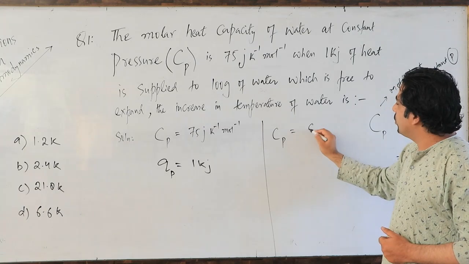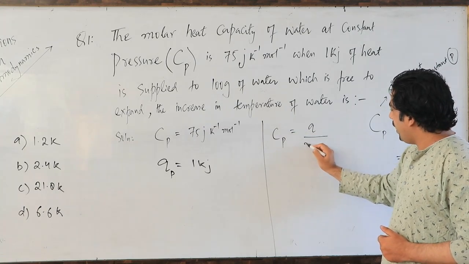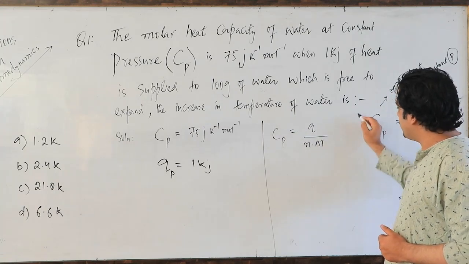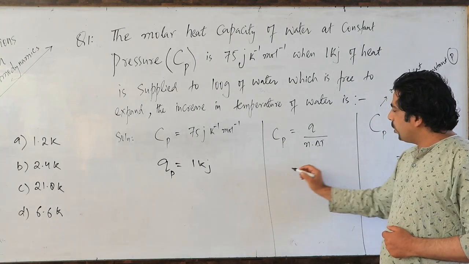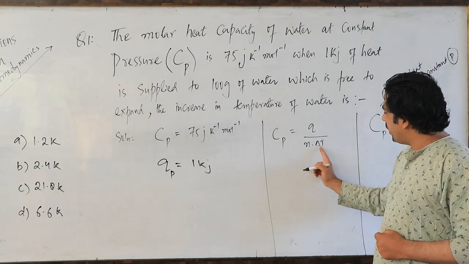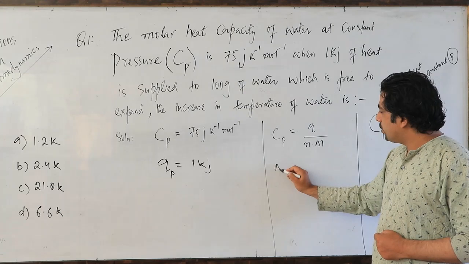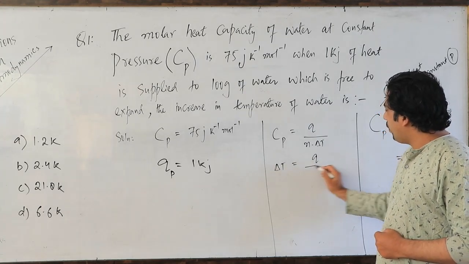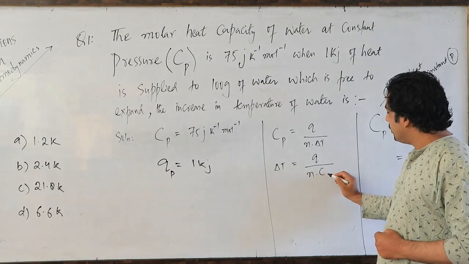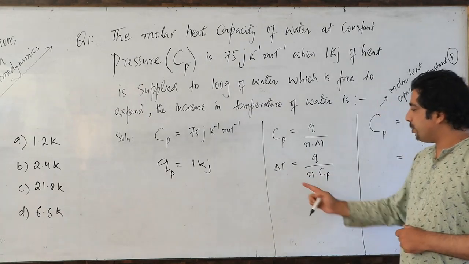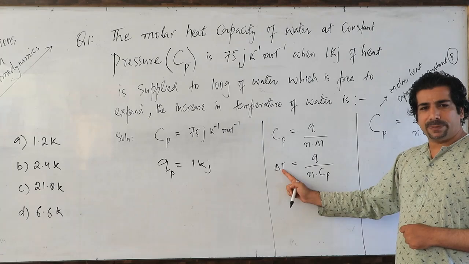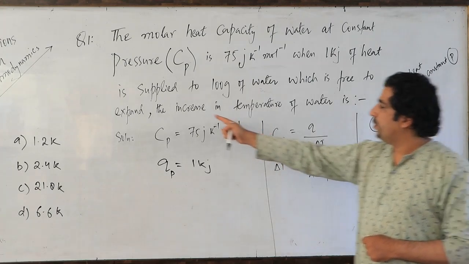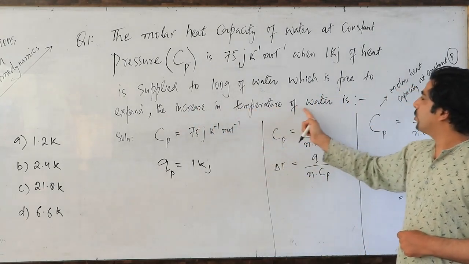Cp is equal to Q upon N into delta T. That's my expression. I want to calculate this delta T, so delta T will be equal to Q upon N into Cp. So I will use this expression now for the calculation of the increase in temperature of water.